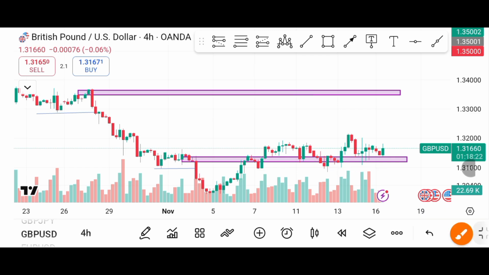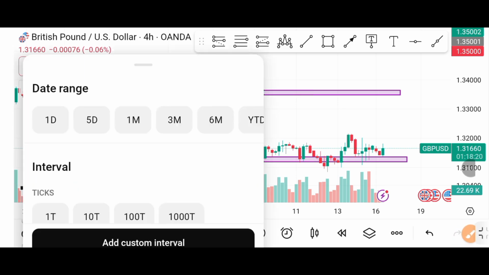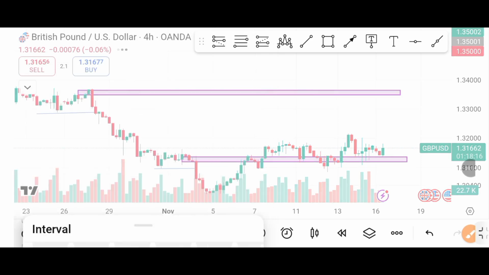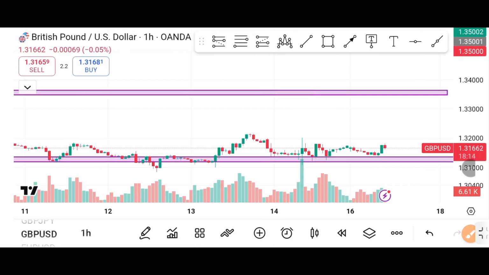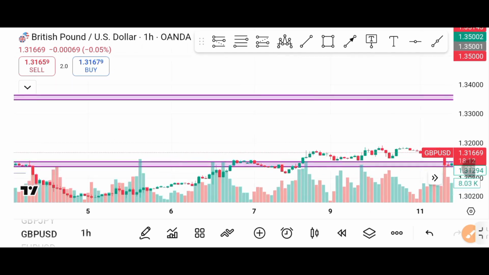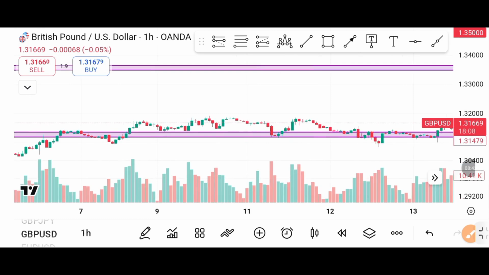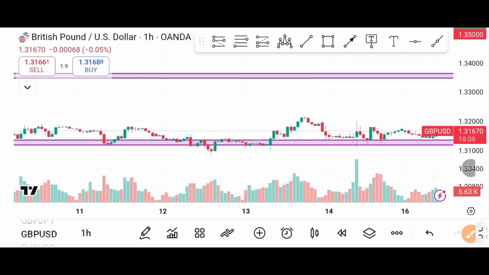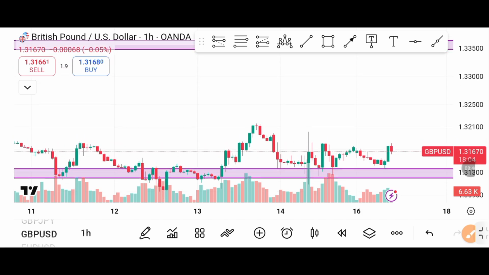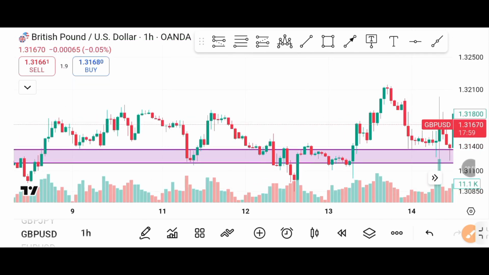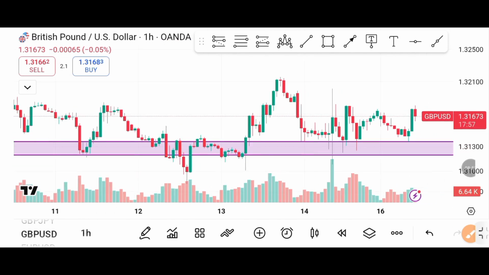So we head over to the 1-hour time frame to see if the levels we marked out are still very much relevant. Just like I always say, whenever you open up any particular time frame, you need to pay attention to what price is currently doing. All right, because as a day trader, or even if you're a scalper, you should pay attention to the most relevant areas.